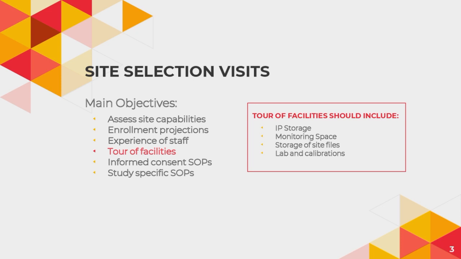All right. So our bullet points here say the main objectives are assessing site capabilities, and this is by far the most important aspect of a site selection visit. Are you capable of recruiting these patients, whatever the study may be for? Is the site capable of getting these patients? And again, that's by far and away the most important aspect of whether or not to give your site the study.